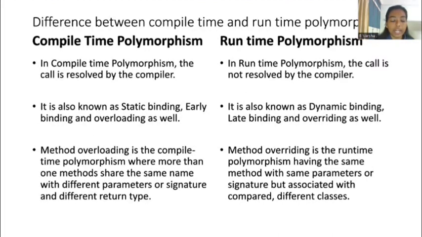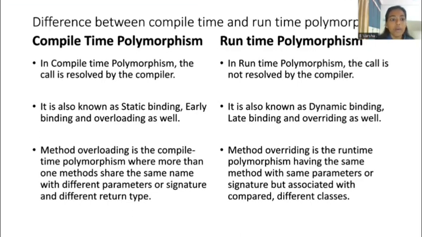Difference between compile time polymorphism and runtime polymorphism. In compile time polymorphism, the call is resolved by the compiler, whereas in runtime polymorphism, the call is not resolved by the compiler. Compile time polymorphism is also known as static binding, early binding, and overloading. Runtime polymorphism is also known as dynamic binding, late binding, and overriding.